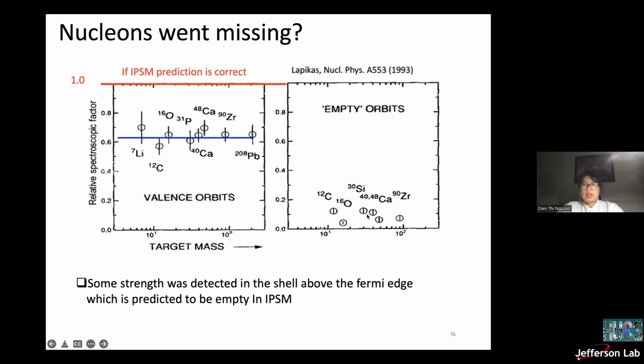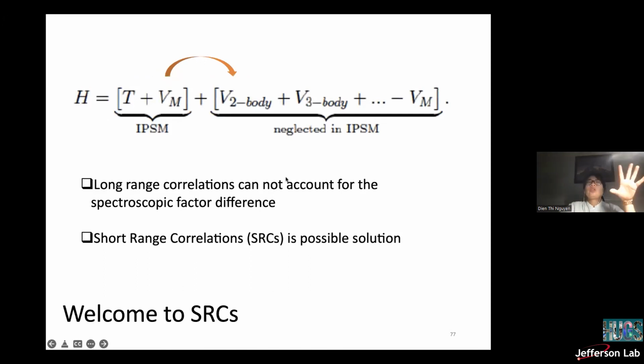So it looks like there is something bringing the nucleon from the mean field picture to above that. In the mean field, we completely ignore the two-body and three-body interactions, and just assume a single particle in the mean field.